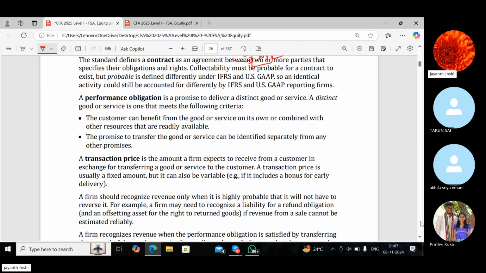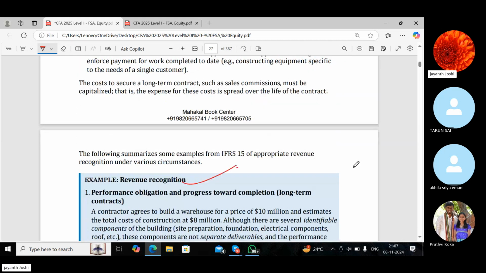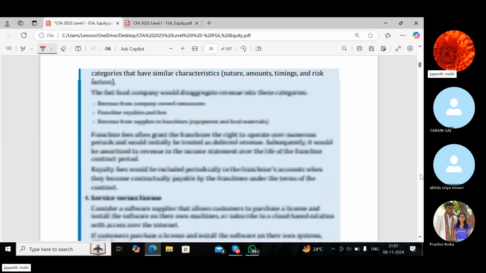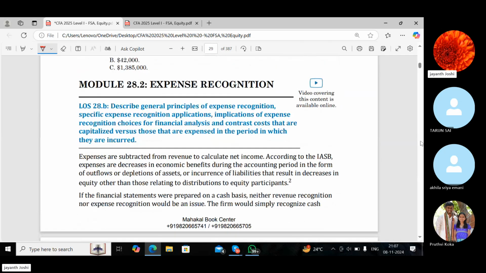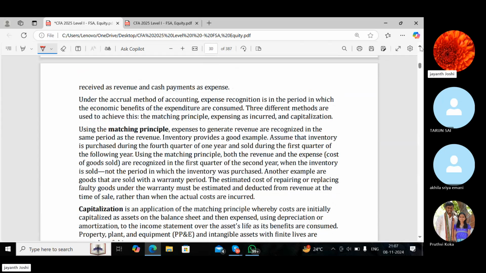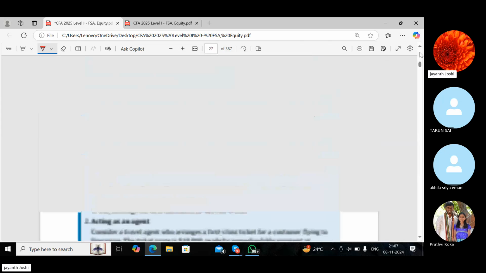I'll give you certain time and then we can go for a question and understand all these 5 points practically. I'm giving you a few minutes, and we are about to wind up this section. Then we'll go for expense recognition.